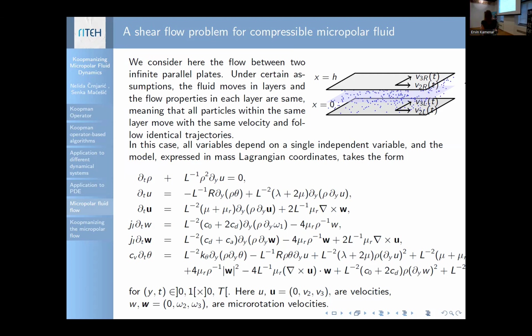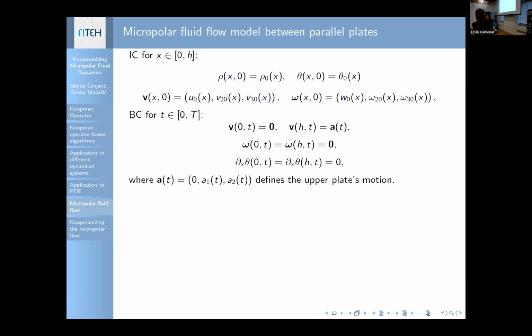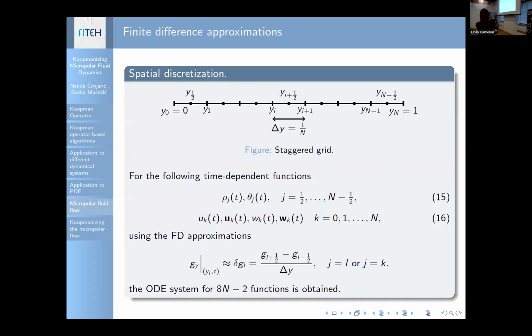So these layers are not rectilinear, but in Lagrangian formulation, yes. And we set initial and boundary conditions here. We suppose that the lower plate is fixed and the upper moves according to some vector A of t in horizontal dimensions.